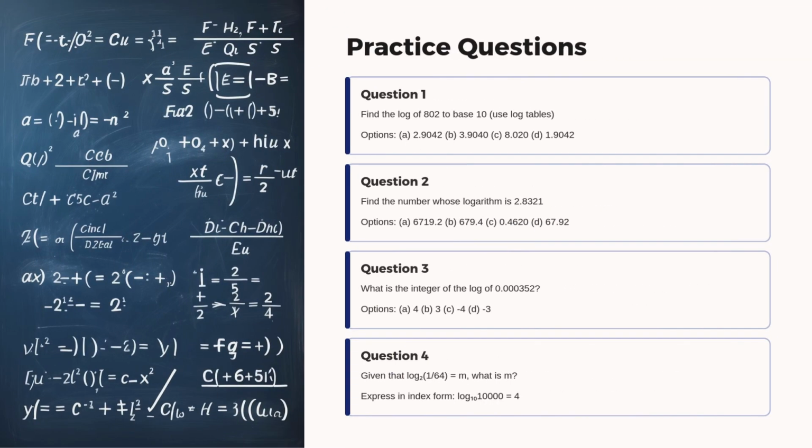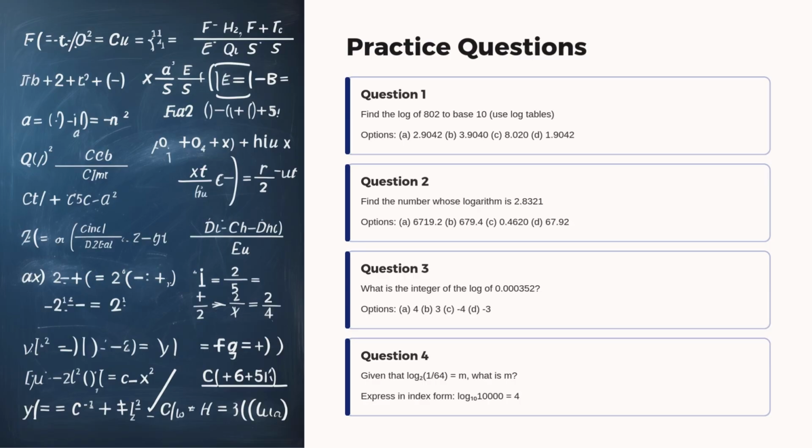Practice questions. Question 1. Find the log of 802 to base 10 using log tables. Options: A. 2.9042. B. 3.9040. C. 8.020. D. 1.9042. Question 2. Find the number whose logarithm equals 2.8321.